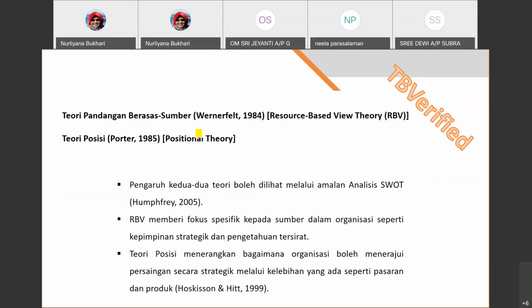So he wants to see what management strategies these middle leaders use to ensure strategic implementation. Because we have a strategic plan and then the implementation. Planning is one thing, how to implement is another thing.